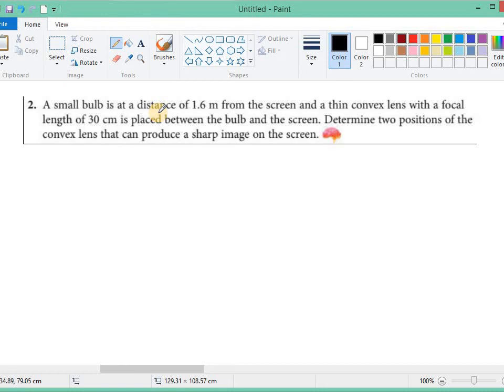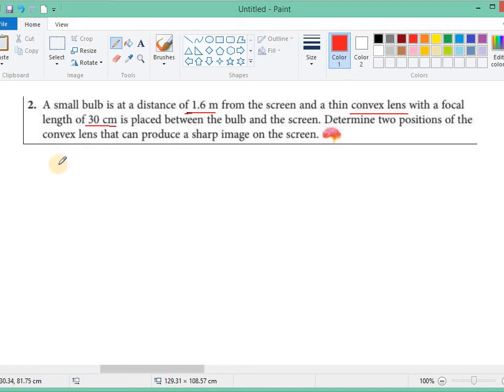Next, a small bulb is at a distance of 1.6 meter from the screen, and a thin convex lens with a focal length of 30 centimeter is placed between the bulb and the screen.